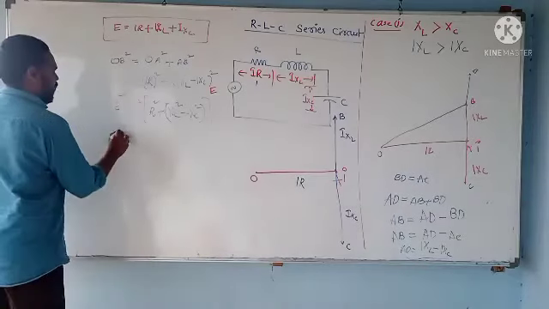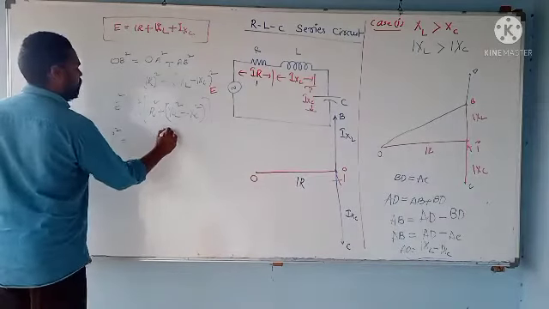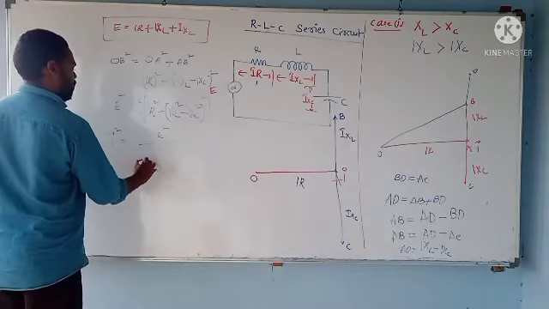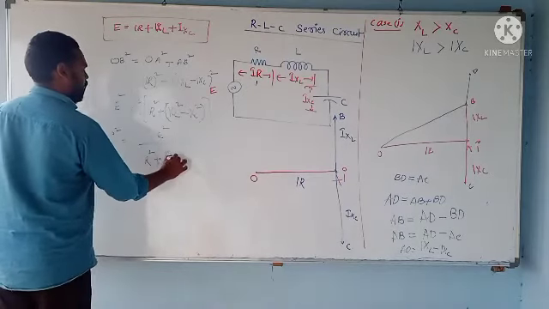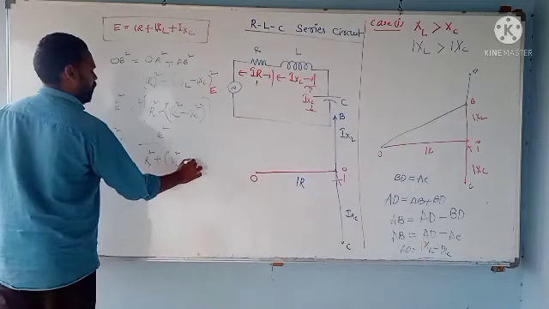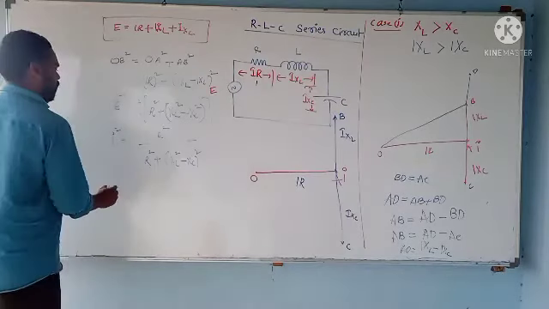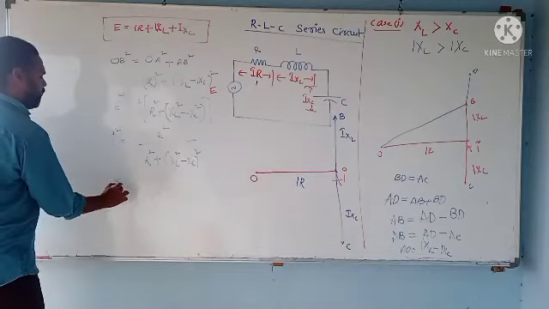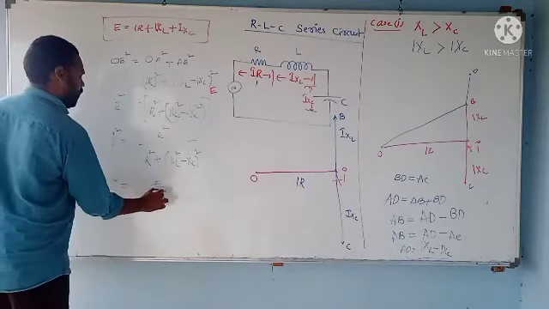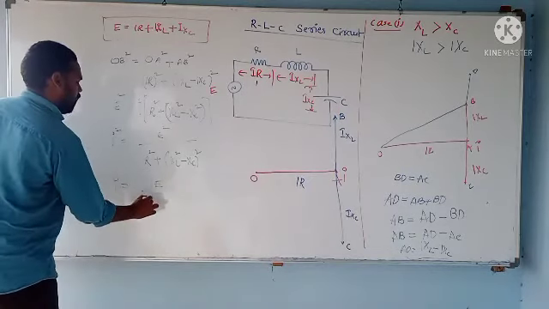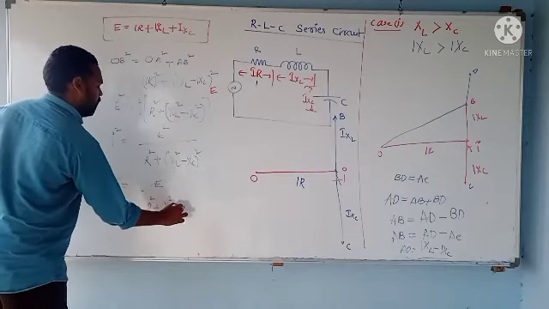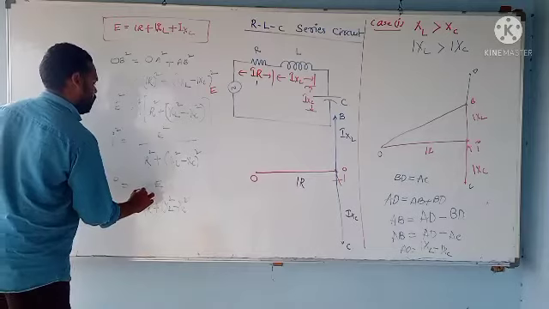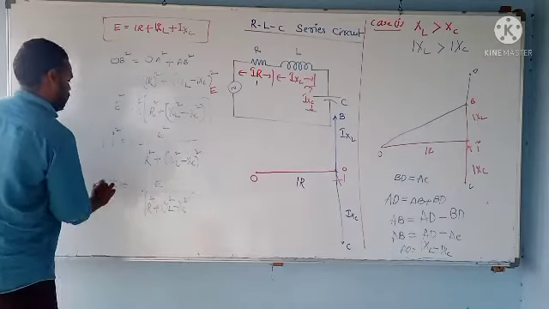So I square is equal to E square by R square plus XL minus XC square. Apply root on both sides: I is equal to E by root of R square plus XL minus XC square. So this is I.